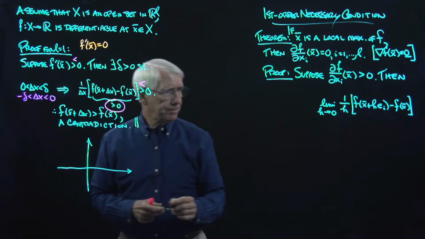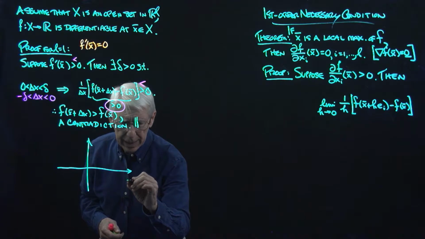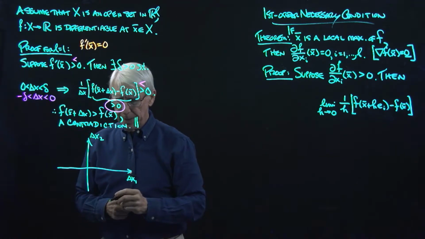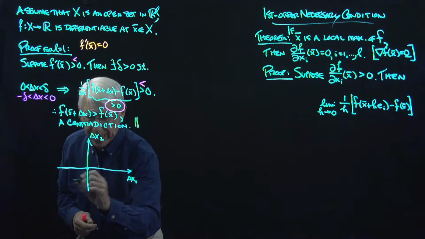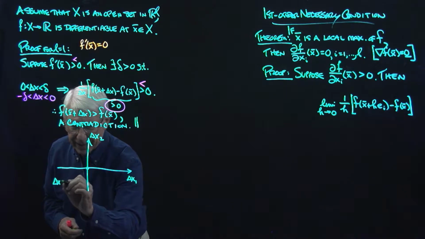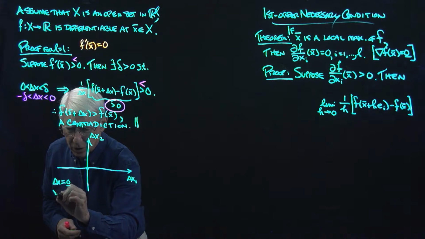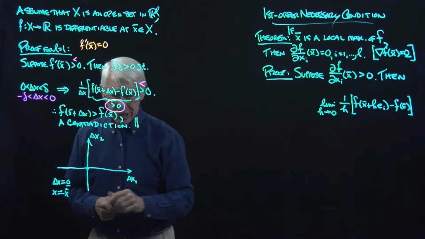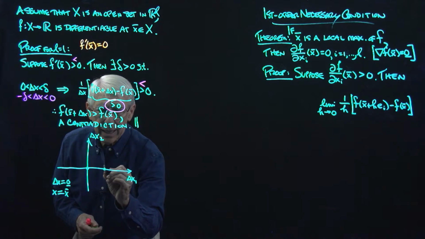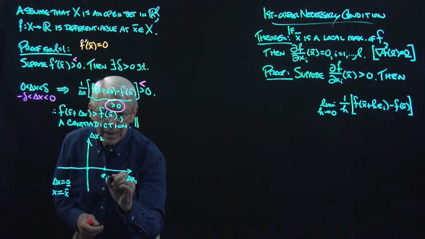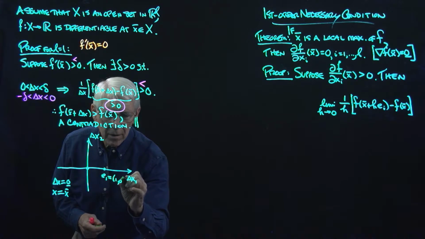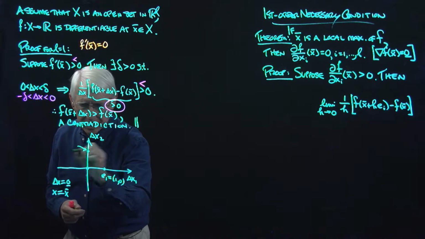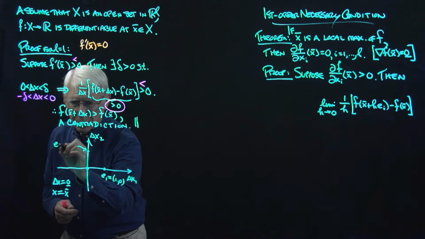Here we have delta x1 and delta x2, and the vector delta x equal to the 0 vector is the same as saying x equals x bar. And here, let's say, is the first unit vector, and here is the second unit vector.